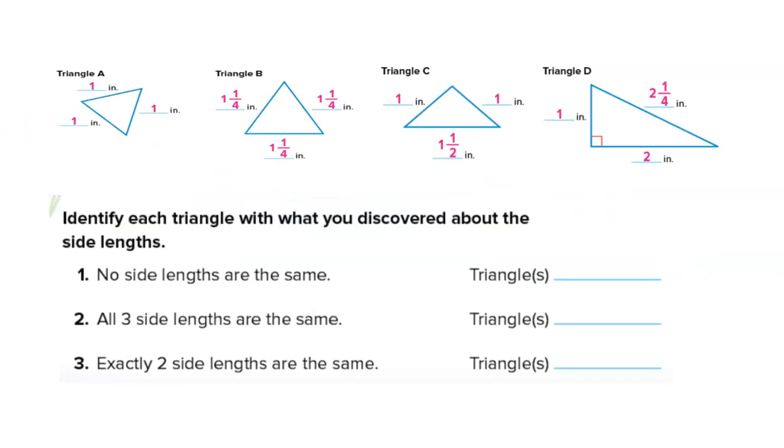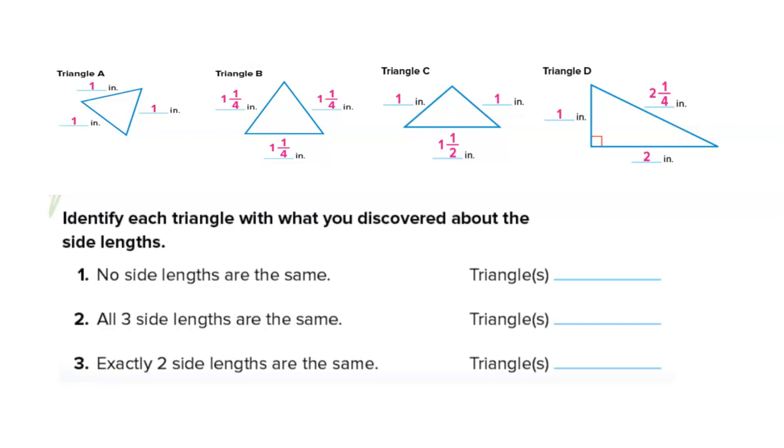So they would like us to look at the 4 different triangles that we just talked about and answer questions 1, 2, and 3. So for number 1, they want us to identify which triangle has no sides that are the same length.